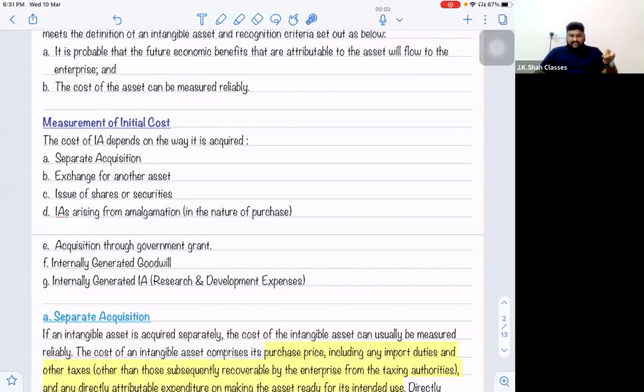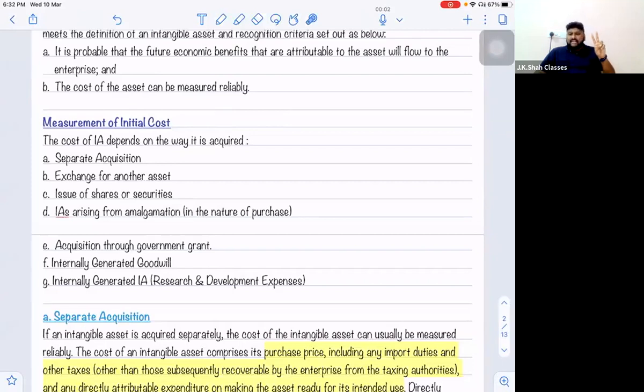And third, if after acquiring, you got some cash for it, then the cash subsidy that you have received will be deducted from the cost of the intangible asset, right? Or you can defer the grant as the case may be. So that is the only point which is repeated over here. So we got a revision of our AS12 done over here now. So I'll repeat the point simply. Please understand, sir, if an intangible asset is received as a government grant, first point, if it is for free, record at nominal value.